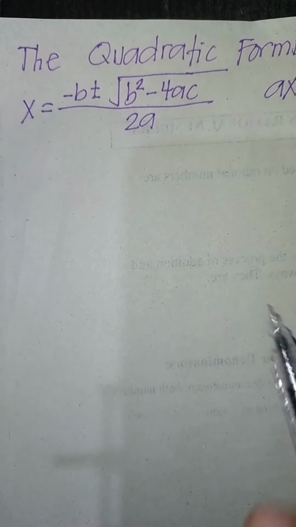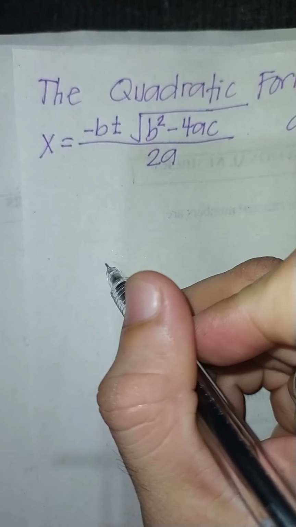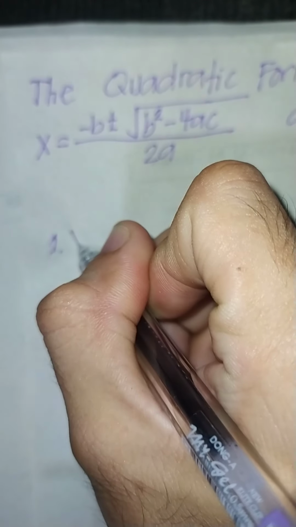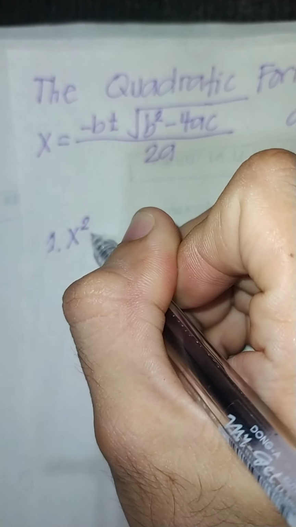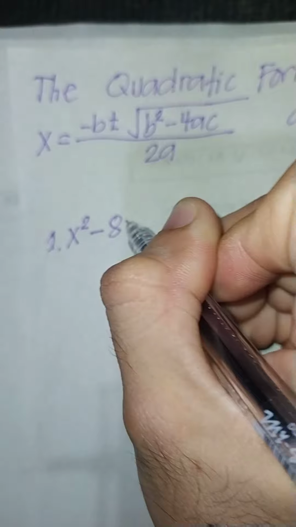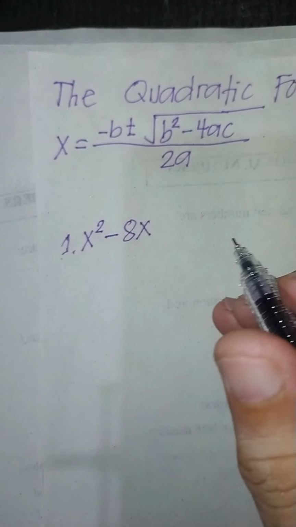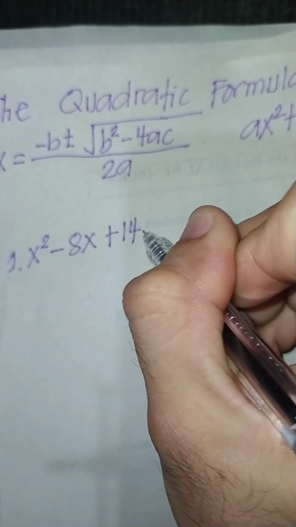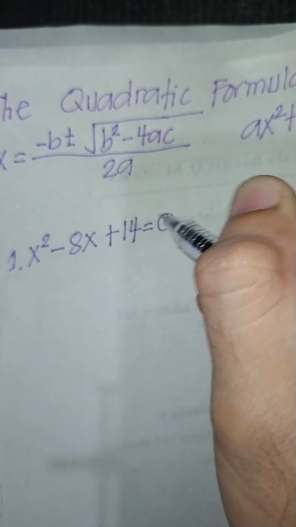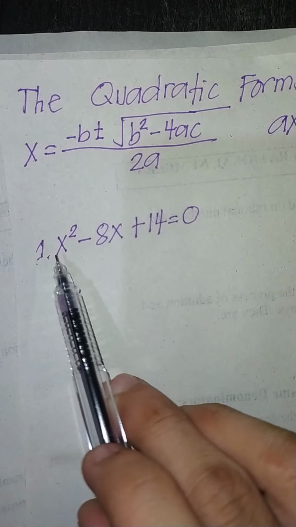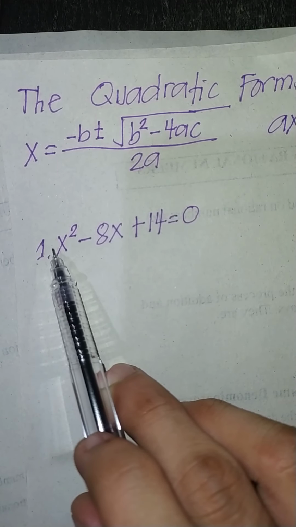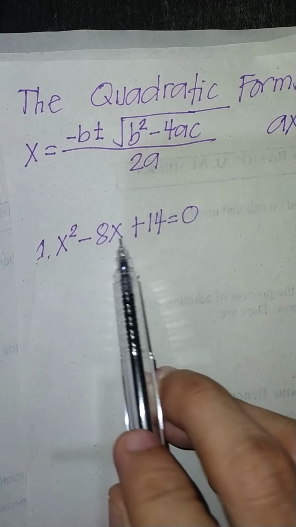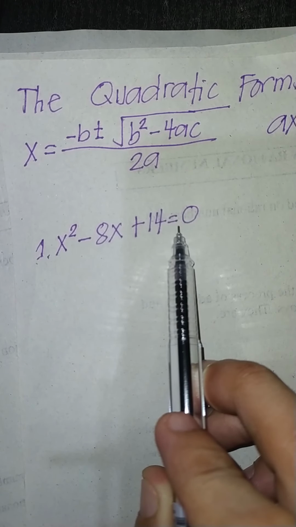So based on your module, we have example number 1. Our example number 1 is x squared minus 8x plus 14 is equal to 0.